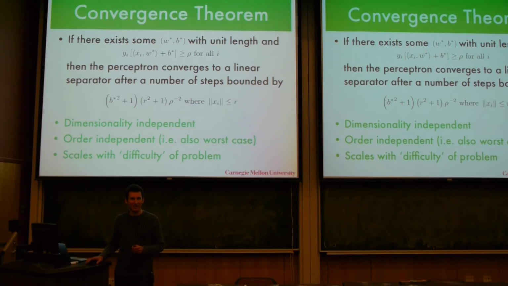Why? Well, correct, because you have an inner product between two terms. Each of those two terms has norm bounded by 1. And so by Cauchy-Schwarz, the inner product has to be bounded by 1. That's the reason why that's the case.